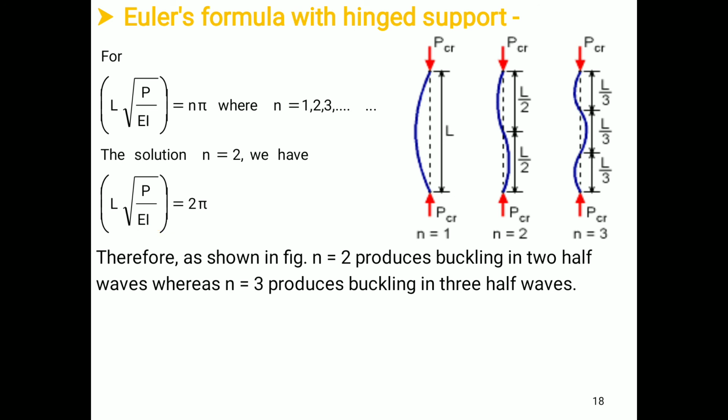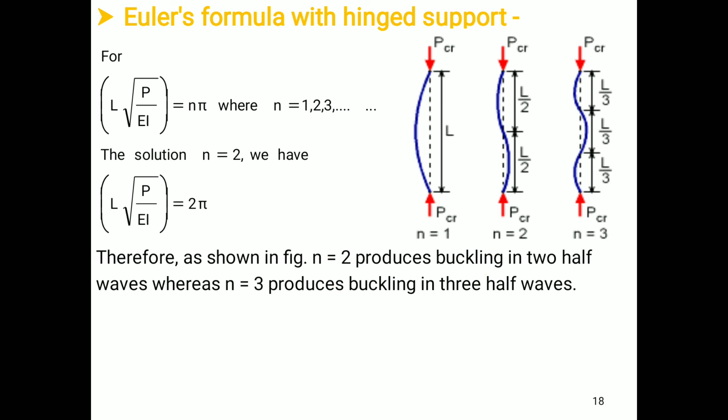If I consider n is equal to 2, our deflection curve will be in this manner. See here. And that is not our standard case. So for the standard case, our value of n must be equal to 1.